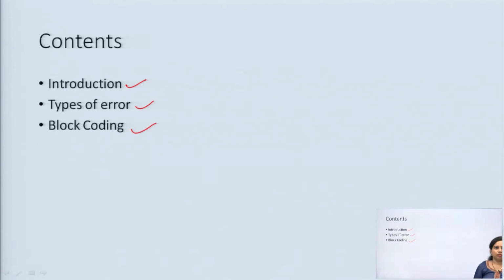First I will begin with why we have to study error correction and detection. Whenever we want to transmit our information, we want to communicate, the information is in the form of digits, in the form of 1 and 0.